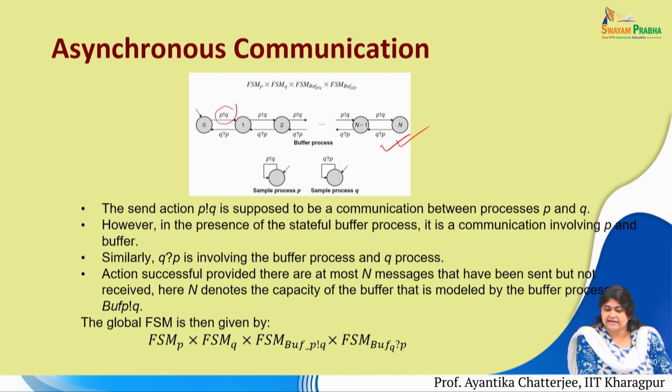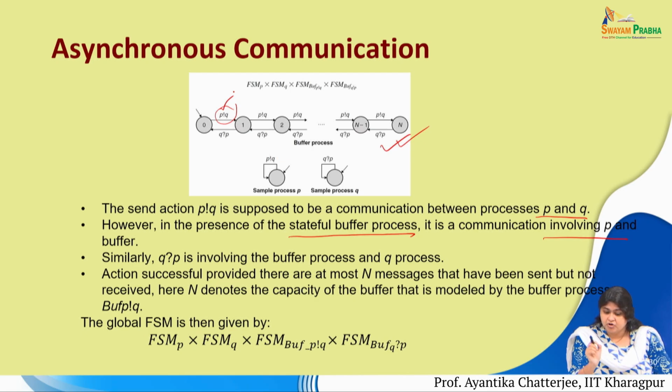The same action with this symbol is supposed to be a communication between a process P and Q. However, in the presence of a stateful buffer process, it is a communication involving P and the buffer. So, P and Q, though it is a communication, has an intermediate sign that indicates there is some intermediate communication with the buffer.